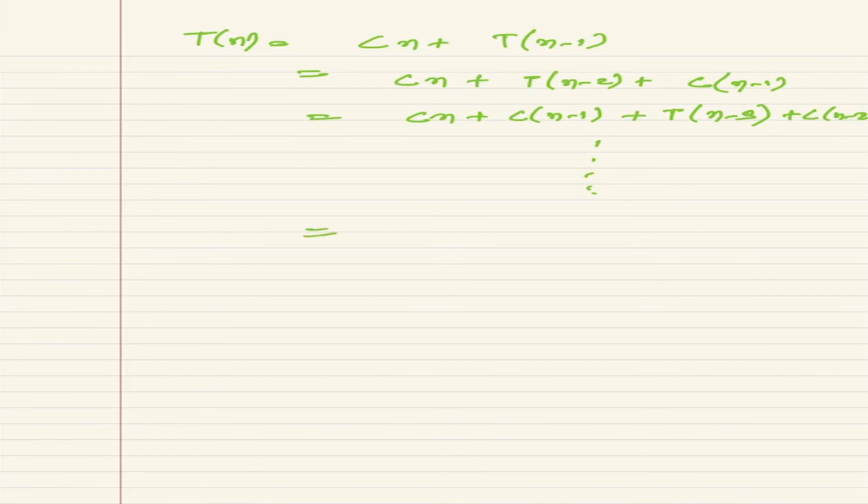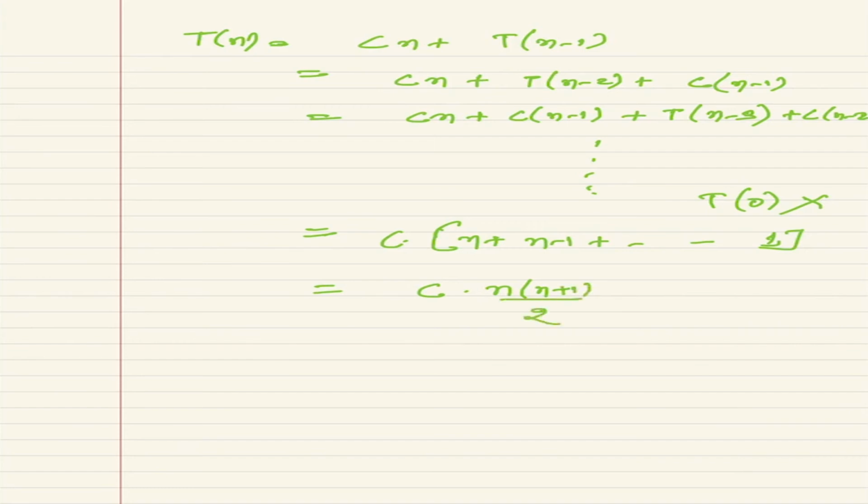So what will happen? C times n plus n minus 1 plus up to 1, and the term T0 is what you ignore. Now this is the complexity, and you know this series, so this will be C times n into n plus 1 by 2. And what is that in terms of order? You can write it as order n square or theta n square.